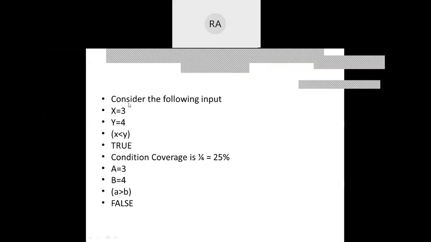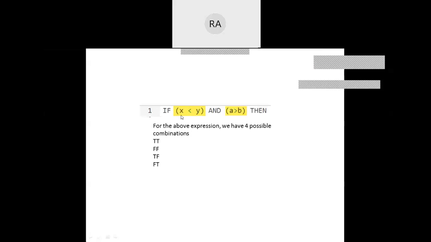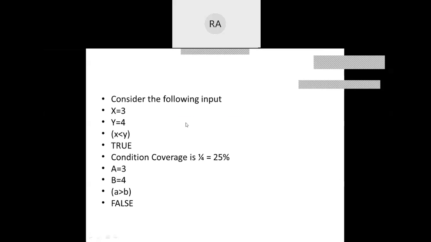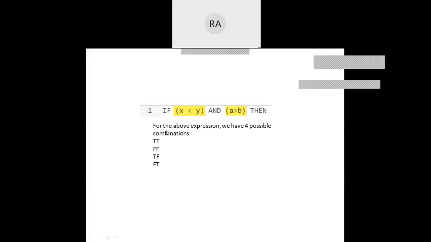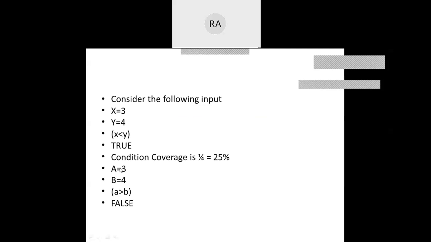Consider the following input for x and y. X is 3 and y is 4. 3, is it less than 4? Yes, definitely. So it gets evaluated to true. Then I am considering it is true, that is 1 by 4, which is equivalent to 25%.